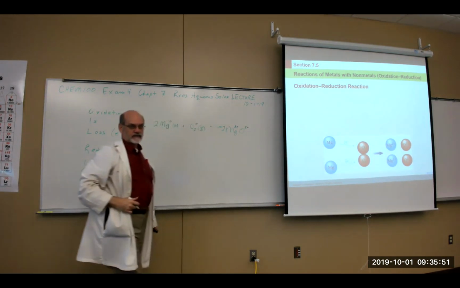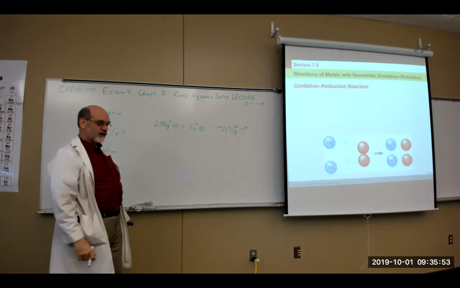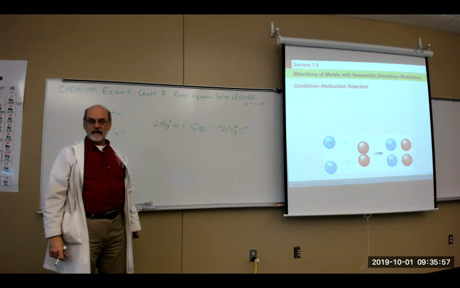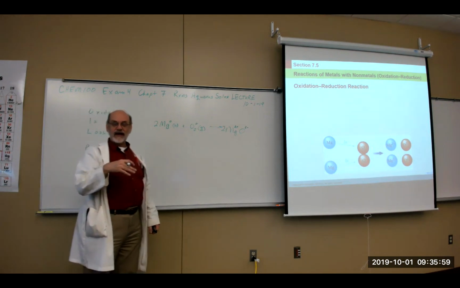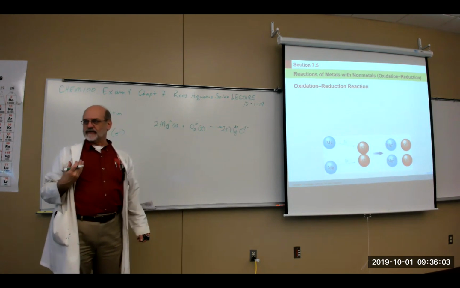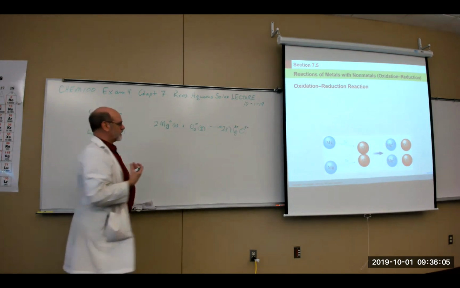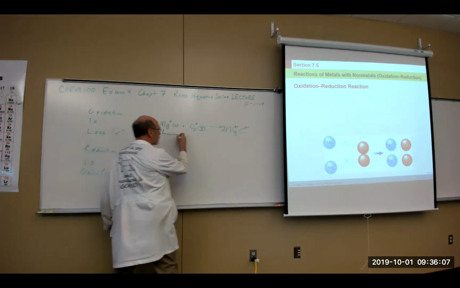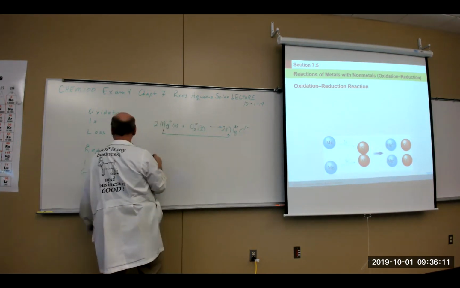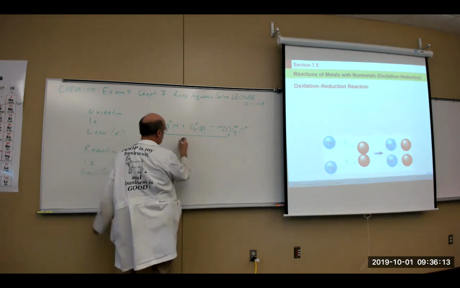What happened? In order to develop a charge, you have to transfer electrons. If you add electrons, the imbalance is toward the negative. If you subtract electrons, the imbalance is toward the positive. So in order to go from here to here, what did we do? Oxidation is loss.